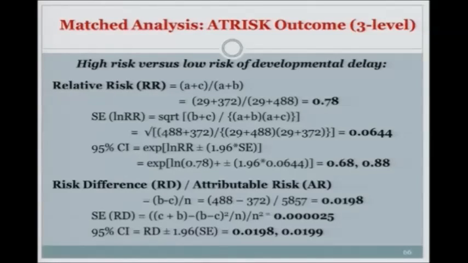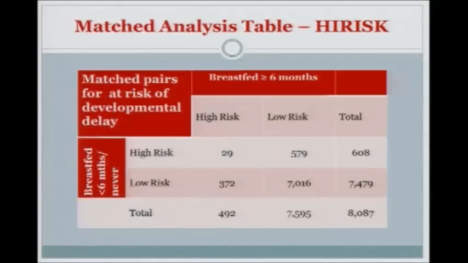So if you were thinking about this as the effect of a program on a poor outcome, it would be in the same direction, right? Below the null, the program would improve the outcome, okay? The risk difference here is about a 2% difference with confidence intervals that are very, very narrow given the sample size here in the matched estimates.